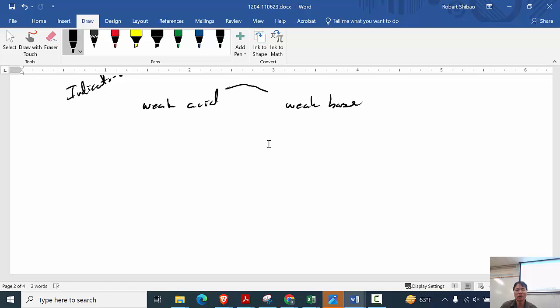They're kind of moderate things, and these have to be conjugates of one another. But the key is that the weak acid has to have an acid color, and the acid color has to be different than the base color. So this is what's going to happen. If I add a drop of indicator, let's say a drop of phenolphthalein, the acid color of phenolphthalein is colorless.